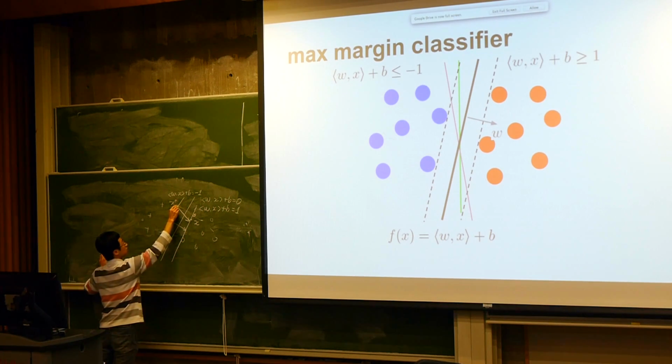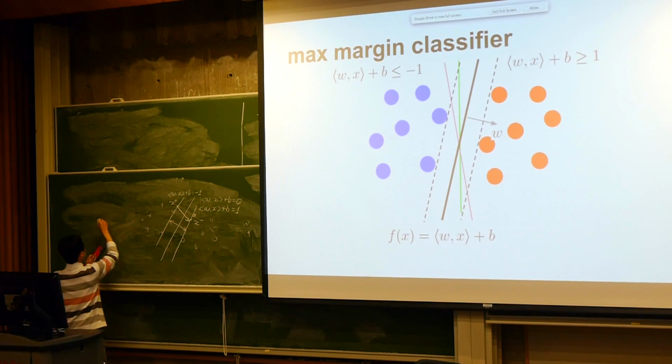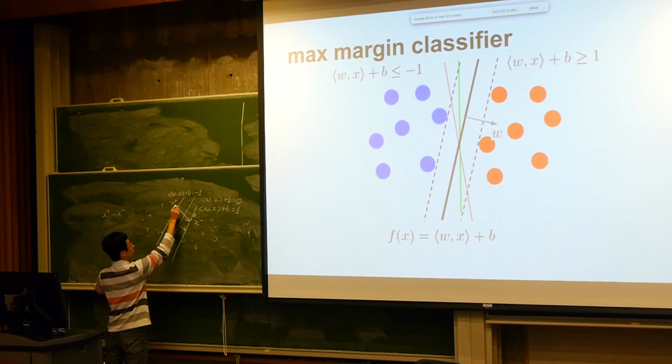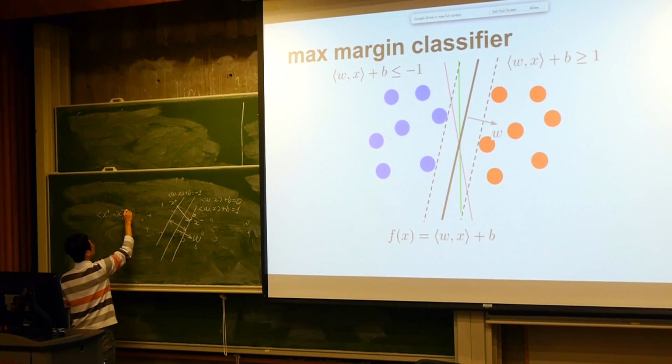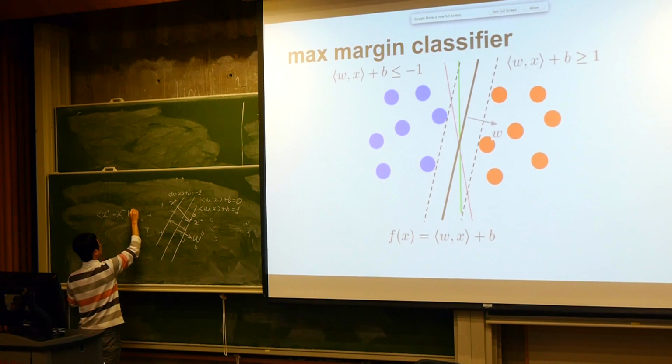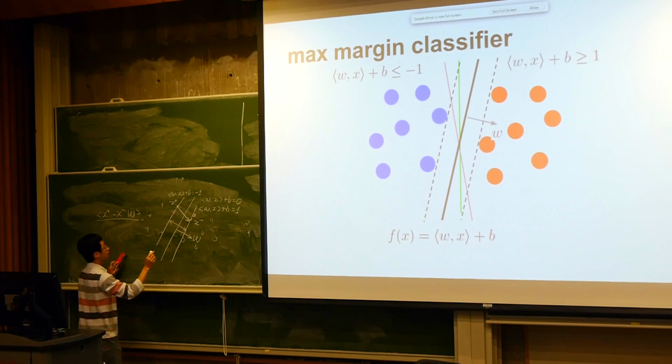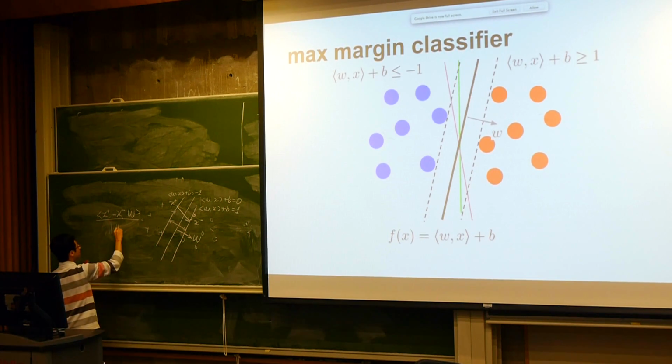Suppose the vector here is x plus, and the vector here is x minus. Then we do a projection. Because the direction of this line is w, we do a projection of this vector along this direction, times w. Then we get the distance. Oh, it's not the distance yet. We have to renormalize it with the length of this vector.